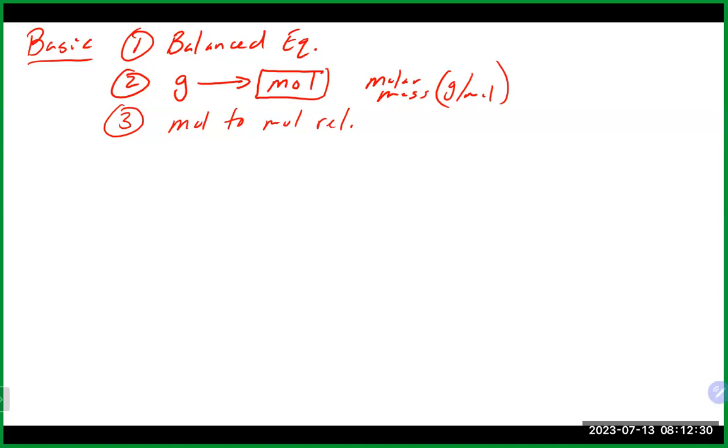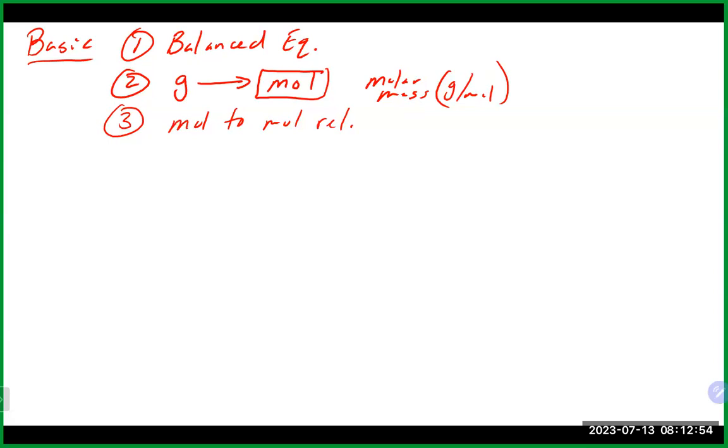And where we get that conversion factor, instead of looking it up in a table, is we use the actual equation as the conversion factor. It is nothing more than the coefficients from the balanced equation, which gives you that mole-to-mole relationship. And that obviously is why number 1 here is really important. You always got to start with that balanced equation. Otherwise it throws off your calculations.